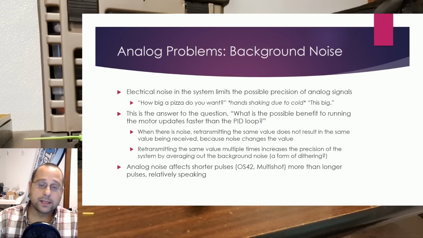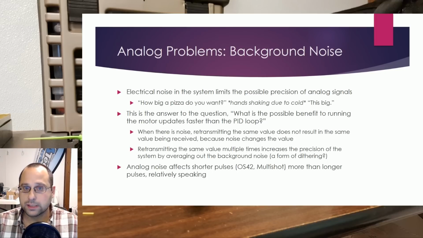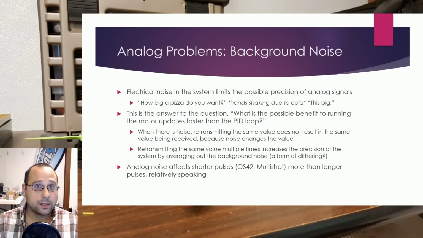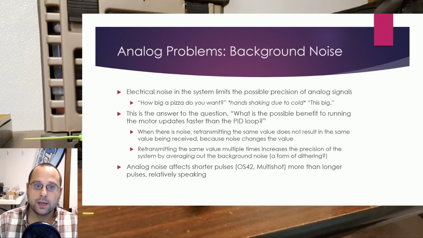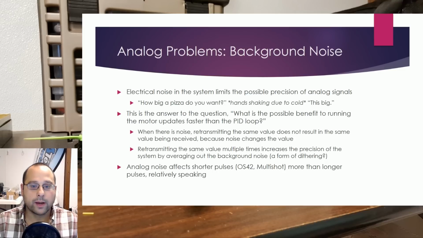And the answer is, if there is noise in the system, then a value that I transmit will not be accurately received. If I send a motor signal 1, 2, 3, 4, you might receive it as 1, 2, 3, 6, or 1, 2, 3, 2, or 1, 2, 3, 5, or 1, 2, 3, 3. And if I send that value multiple times, the noise will average out around the correct value.